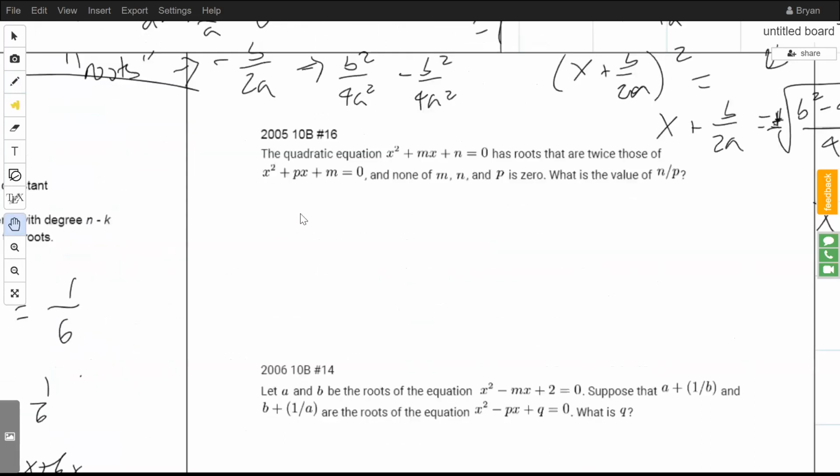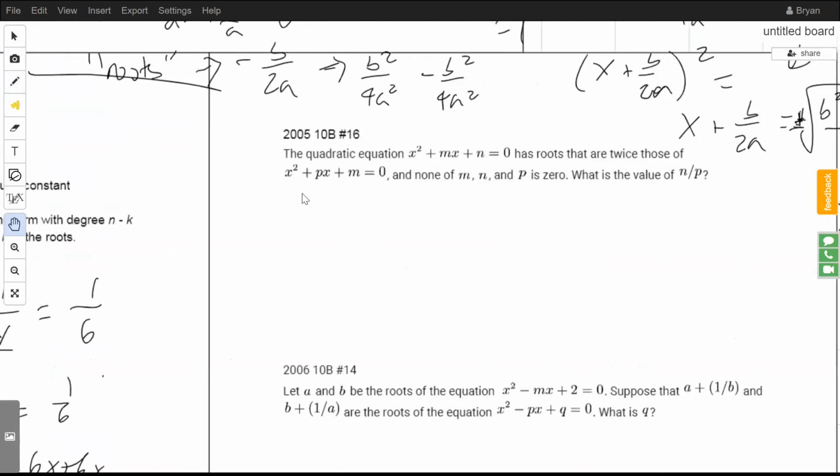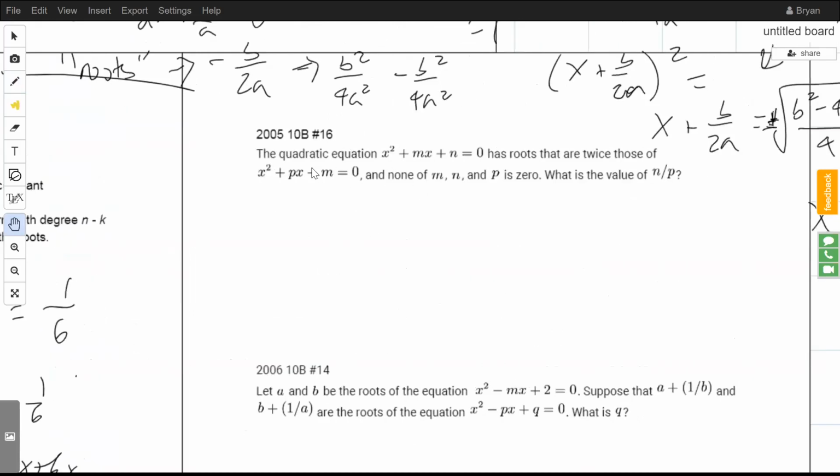So with the quadratic equation, this has roots that are twice of this one, and none of them are 0. So what is the value of n over p? First, write down what we know.